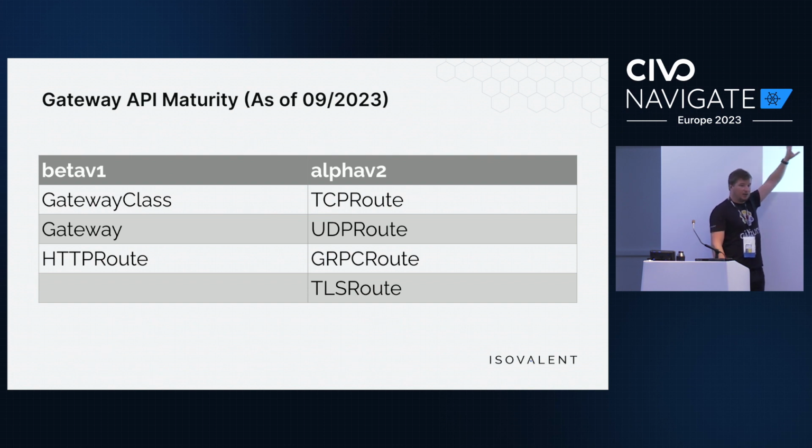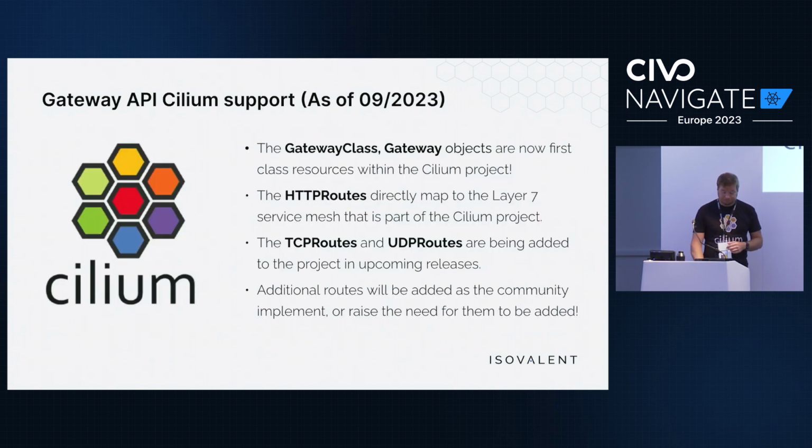A lot of work is being done with ingress controller teams, and the Nginx group and Cilium and a bunch of others are largely all focused on the ingress side. The TCP routes, UDP routes, gRPC, and TLS, a lot of the implementations support those today, but they're still in alpha, and they will be going to beta once we reach V1.